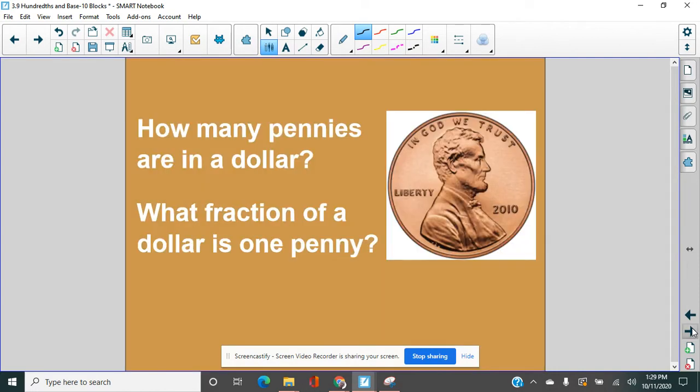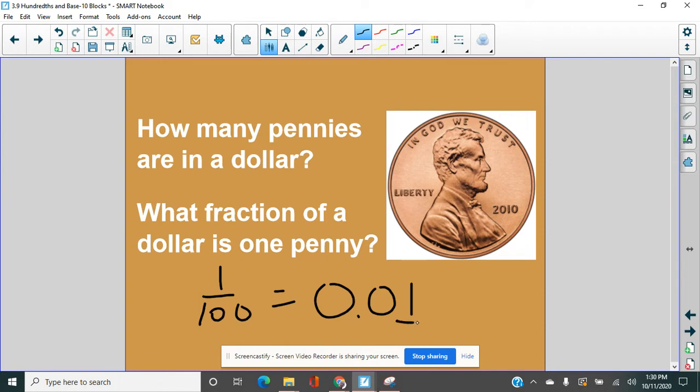How many pennies are in a dollar? Well, 100. So what fraction of a dollar is 1 penny? 1/100th, right? So 1/100th, if we wanted to write that as a fraction, 0 wholes, 0 dimes, so no tenths, and 1 penny.